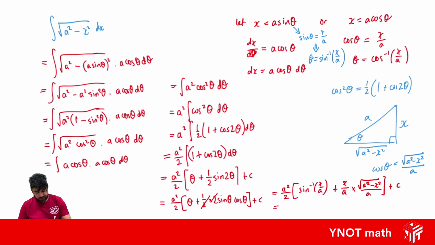Maybe we'll expand everything. So we'll have a squared on 2, inverse sine of x over a. Over here, inside, we get a squared in the denominator, which will cancel out with this a squared in this numerator. So we get plus x root a squared minus x squared all over 2, plus our constant for our final answer.